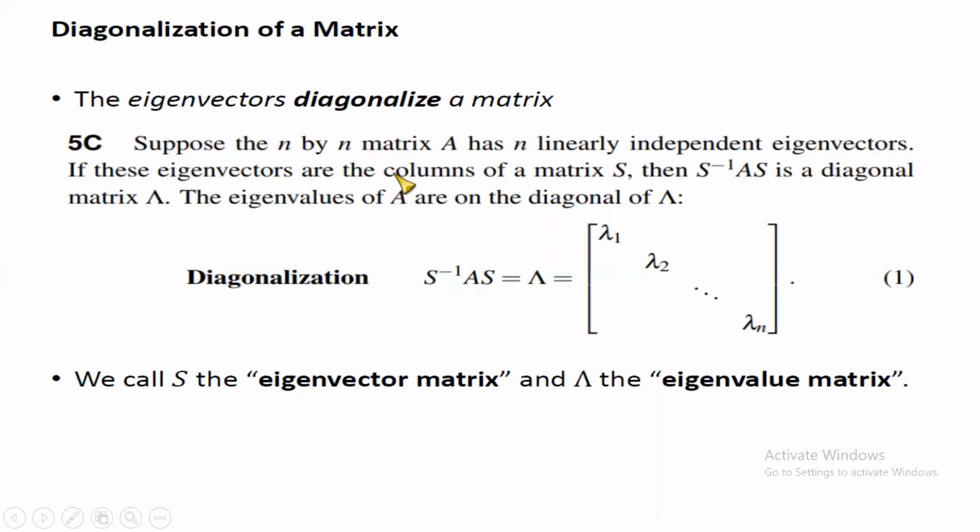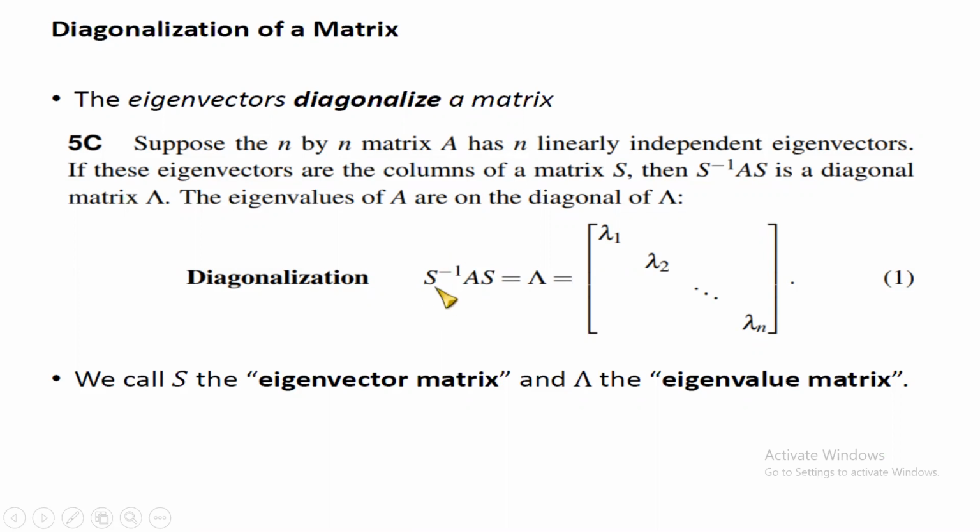If these vectors are the columns of a particular matrix S, so S is a matrix of linearly independent eigenvectors, then S inverse AS is a diagonal matrix, written as capital lambda. The eigenvalues of A are on the diagonal of the capital lambda.